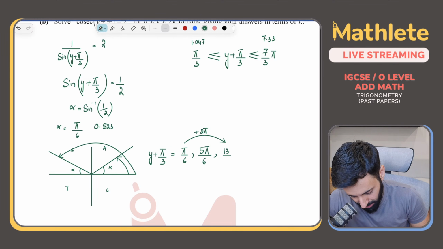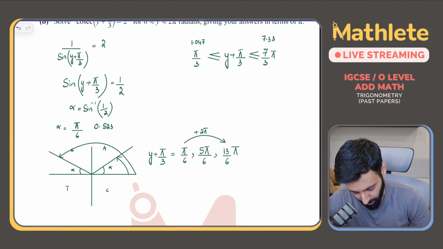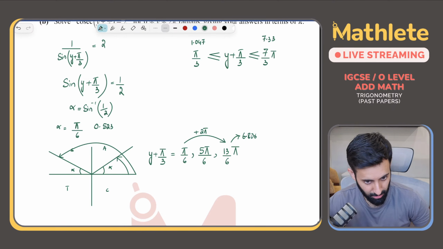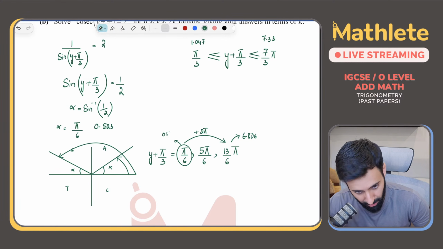I've noticed that we wrote the decimal value of 7 upon 3 pi. Why did we write it? So that when you get the solution, you can check whether it falls inside the range or not. The decimal value of this is 6.806, and the decimal value of pi upon 6 is 0.523.